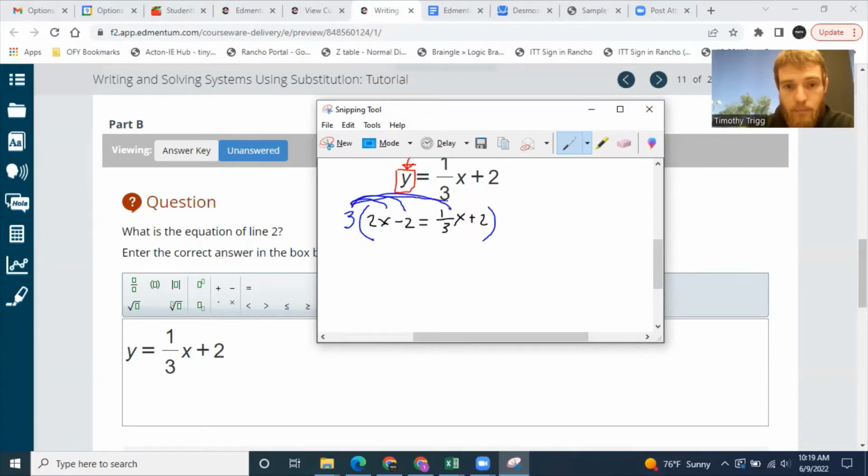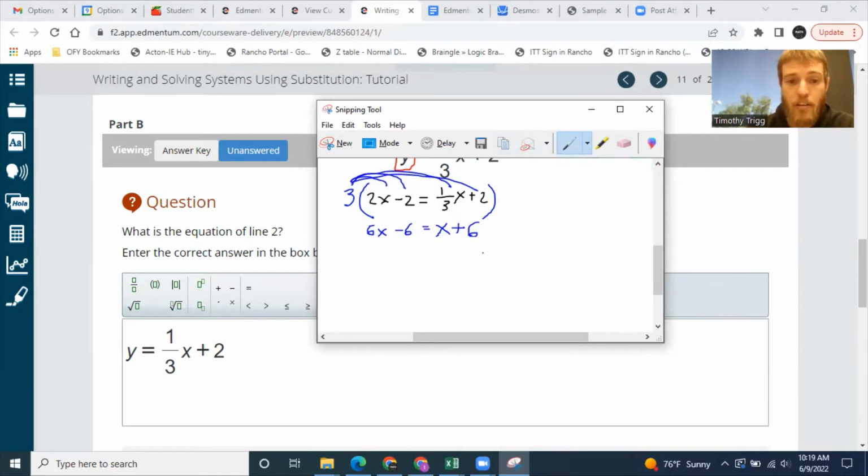So this becomes 6x minus 6 equals, now what happens when you multiply a whole number times a fraction? Remember, you multiply times the top, then divide by the bottom. So 3 times 1 is 3, and 3 divided by 3 is 1. So that's just 1x, I could just write it as x, and then plus 6.